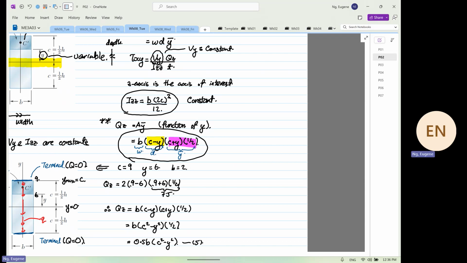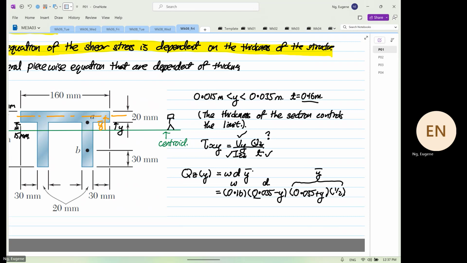Remember, when we were deriving this, we were deriving to set the 5 rules. Yes or no? That is why we have 0.035, because the analysis starts from when y max is at its maximum. Are we clear? Then we have minus y, plus y.